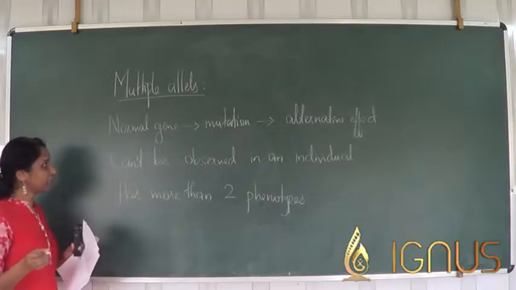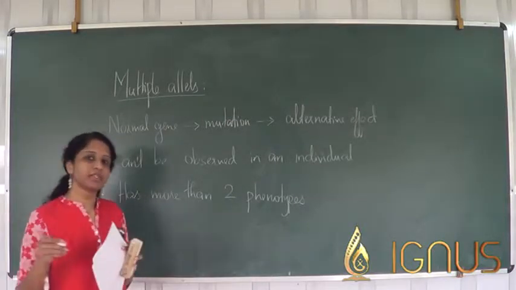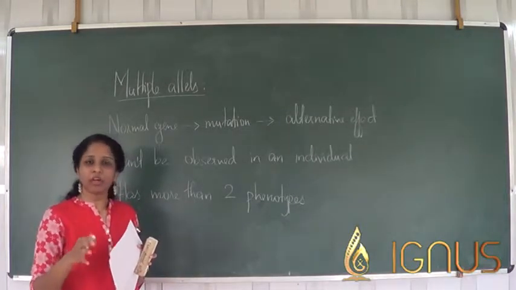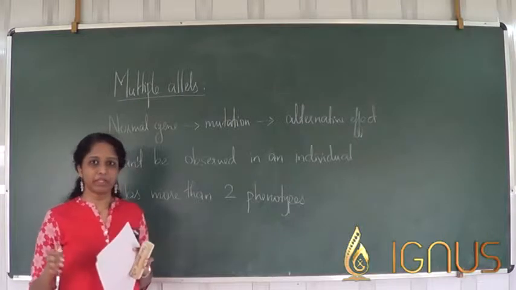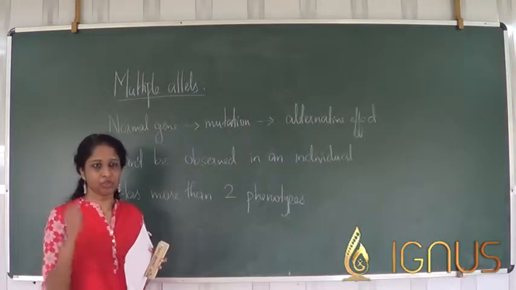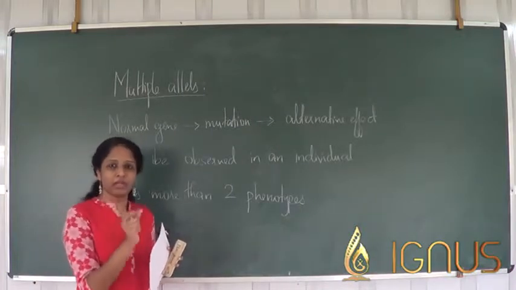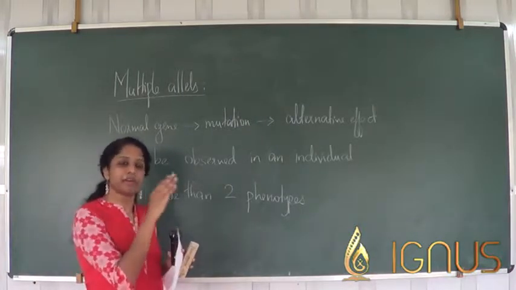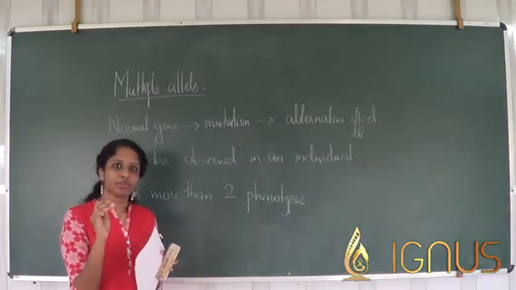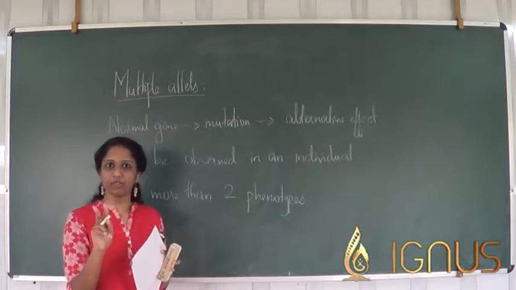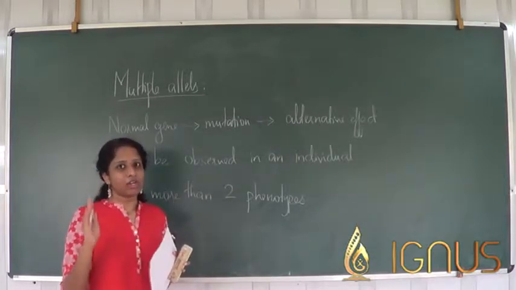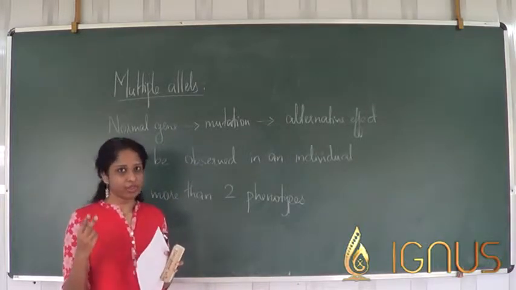Now, because it is multiple alleles, it is not something that can be observed in an individual. Like I was saying, an individual organism, a human being for example, has two chromosomes of one set. So chromosome 9 will have one chromosome coming from the mother and one chromosome coming from the father. Each of those chromosomes is going to have one allele for a gene, and therefore in an organism you can have only two alleles for a gene.